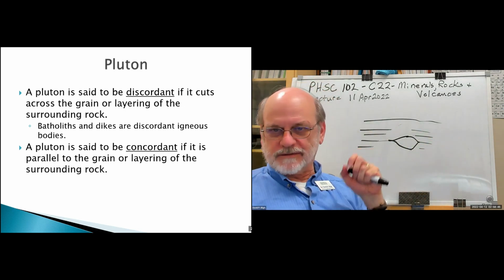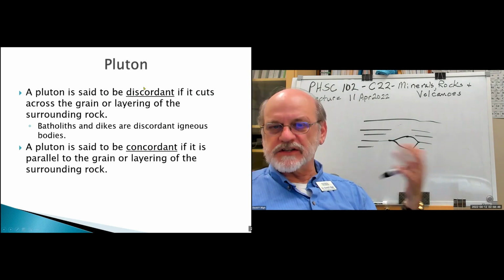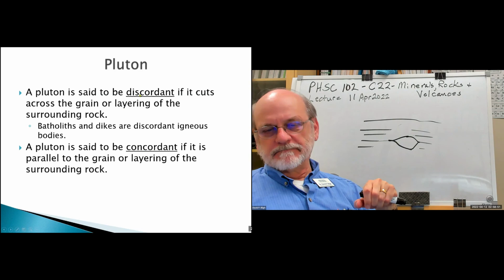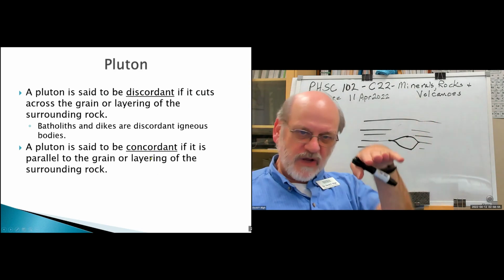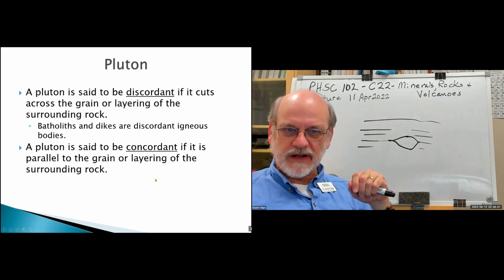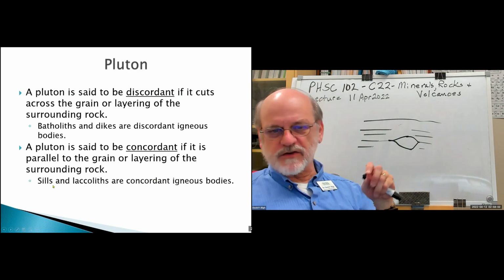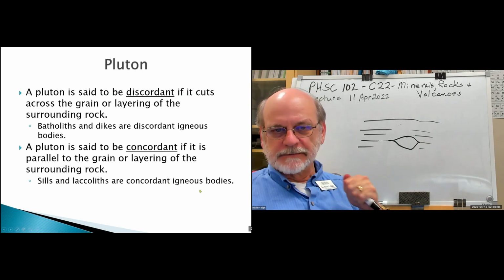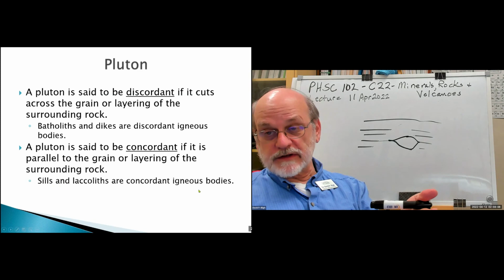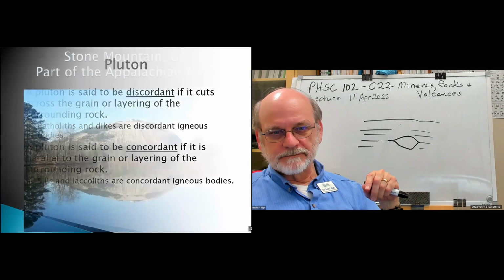That's concordant. Con meaning together and dis meaning apart. So discordant cuts across the grains, concordant fits in the grain layering. These are classified as either sills or laccoliths. Those are concordant bodies. Now we've used words here that we haven't defined. We need to define them here in a minute or two.